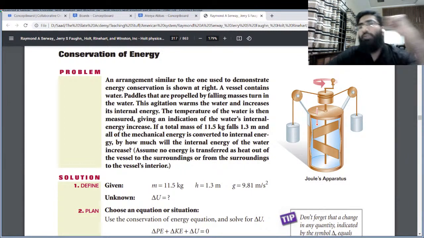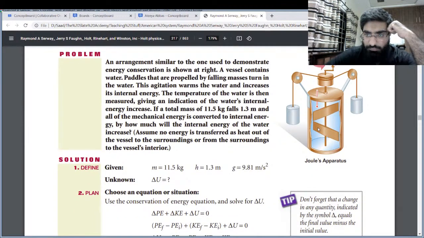So all this energy caused in the water, the increase in internal energy, means there is heat energy in the water. It's due to movement of molecules, and the average kinetic energy of the water has increased. So there is heat energy in there, right? This gain in energy of the water, where does it come from? It comes from these paddles. And where does energy in these paddles come from?